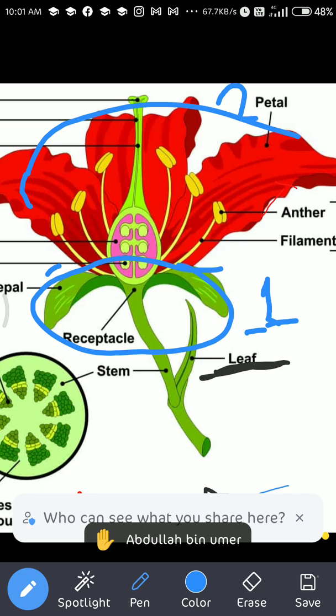They play a very important role at the time of fertilization because inside the pollen grain, male gametes are there. Male nuclei are there. Yes, they fuse with the female gametes. So that we will discuss later on. Right now we are discussing parts of the flower.